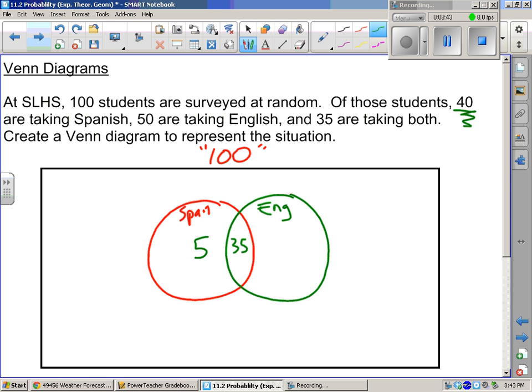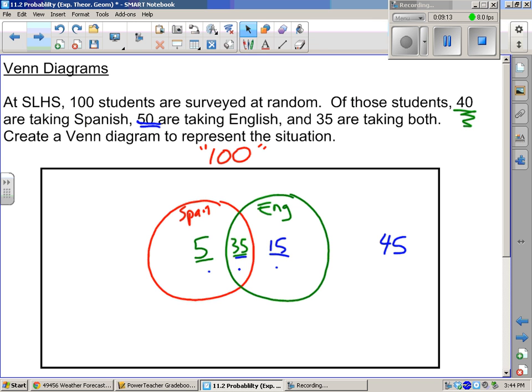I see, the 35 and 5 are still in the red circle. Okay, and then to get to 50, I need to add 15 more because 35 and 15 is in the green circle. Can we fill any other numbers in? Well, if we add all these 3 up, that's 35, 5, 15, 55, so 45 are not in either. So we might need to know that for some statistics.